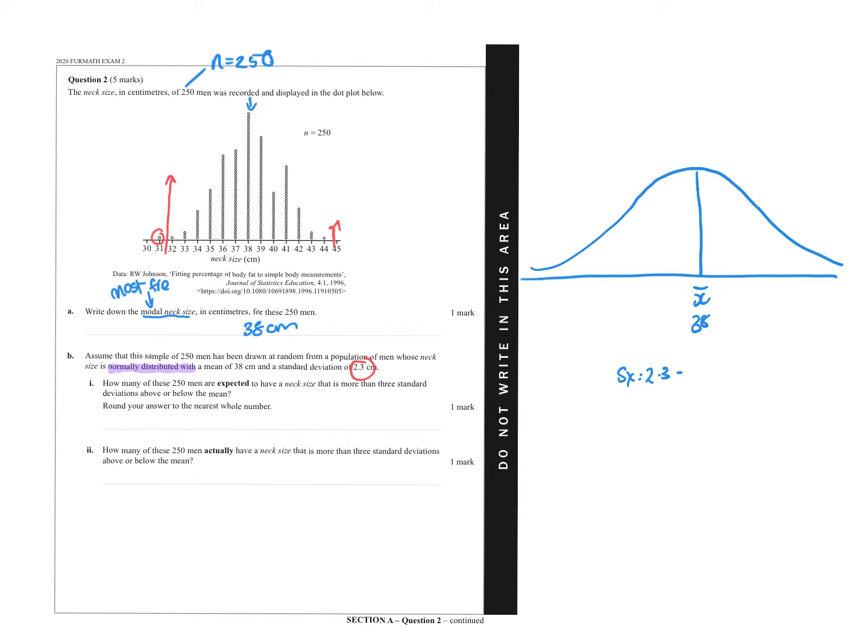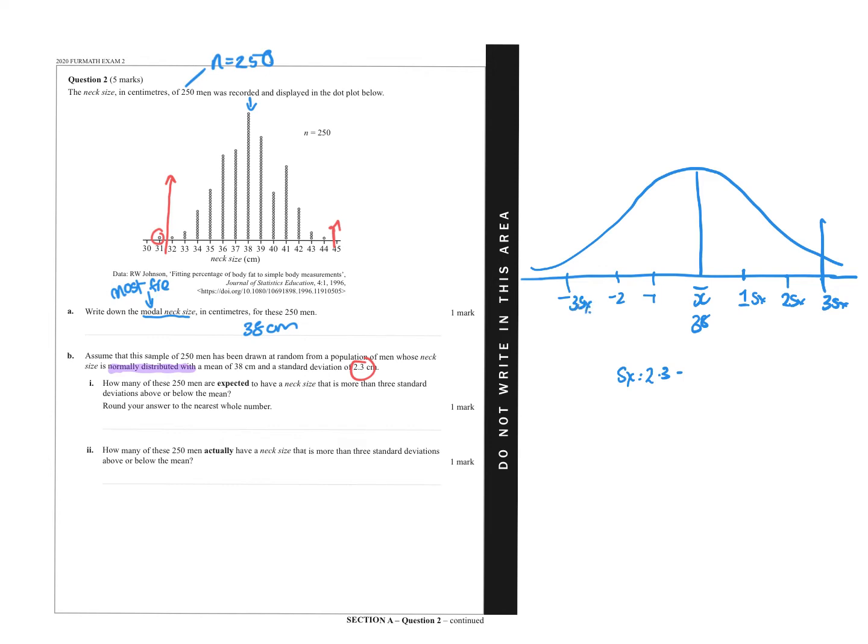So how many of the 250 men are expected to have a neck size more than 3 standard deviations above or below the mean? So what you need to know is when you go 1 standard deviation, 2 standard deviations, 3 standard deviations up there, and then you go -1, -2, so you're at -3 standard deviations.